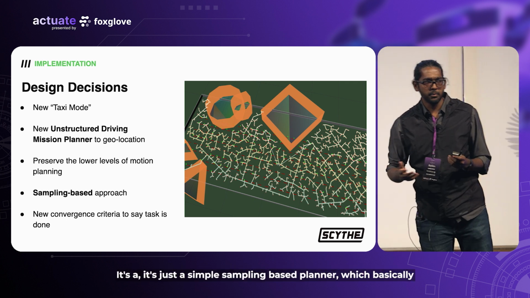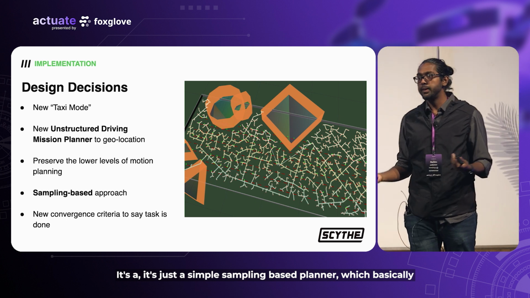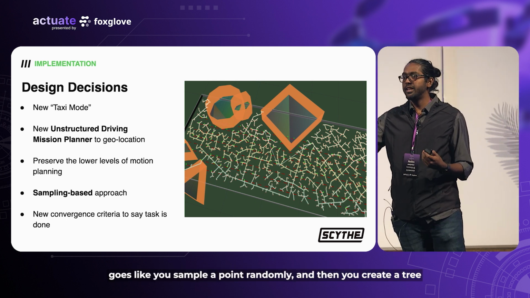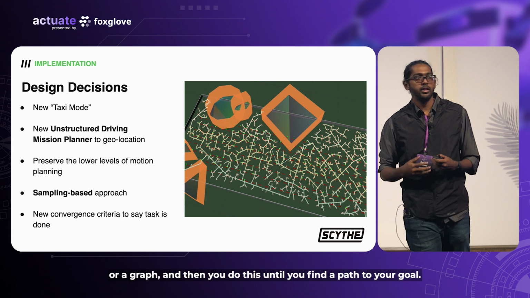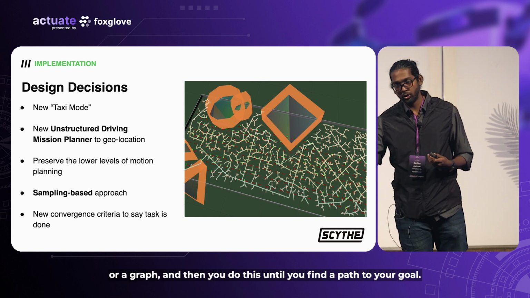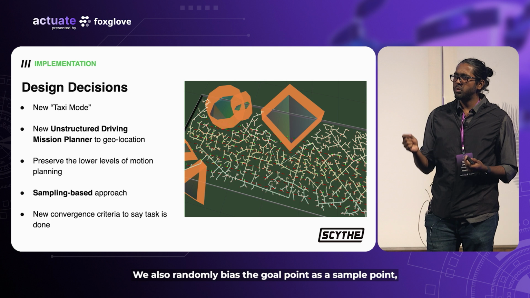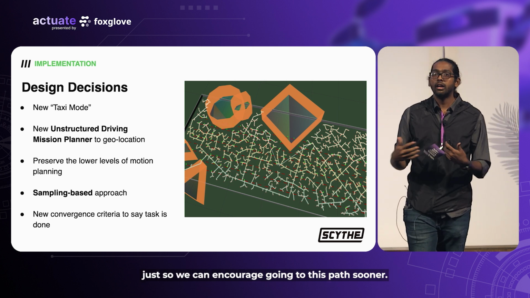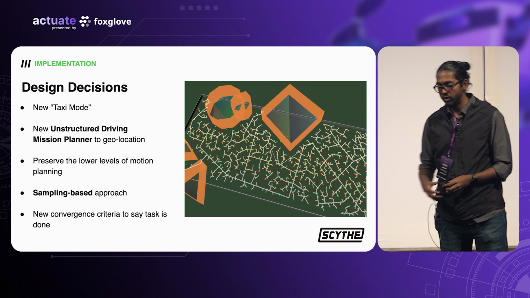It's just a simple sampling-based planner, which basically goes like you sample a point randomly, and then you create a tree or a graph, and then you do this until you find a path to your goal. We also randomly bias the goal point as a sample point, just so we can encourage finding the path sooner.